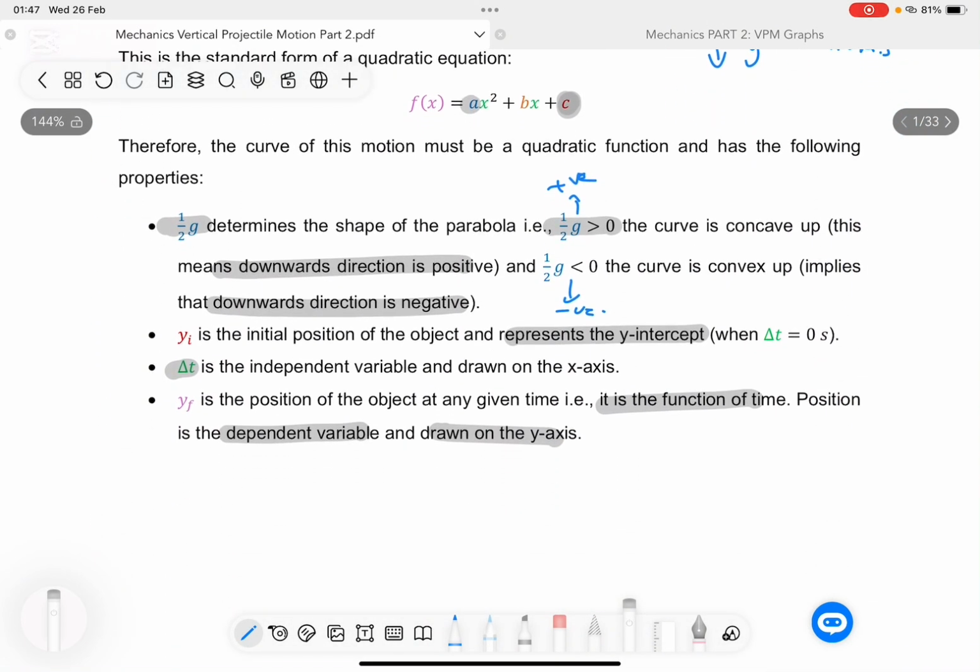Now let us look at a couple of examples where we draw these graphs using this method. We are going to look at the same three classic problems that we did in the first part of vertical projectile motion, where we looked at an object that is being thrown vertically upwards, dropped vertically downwards, and thrown vertically downwards with some initial velocity.